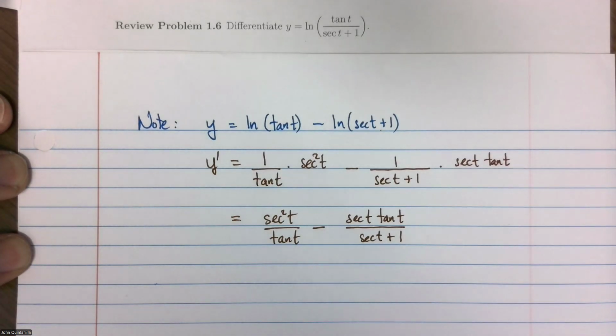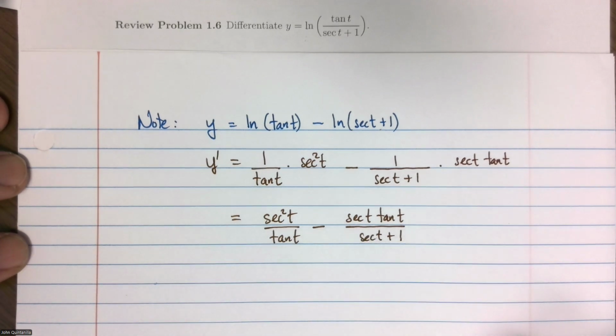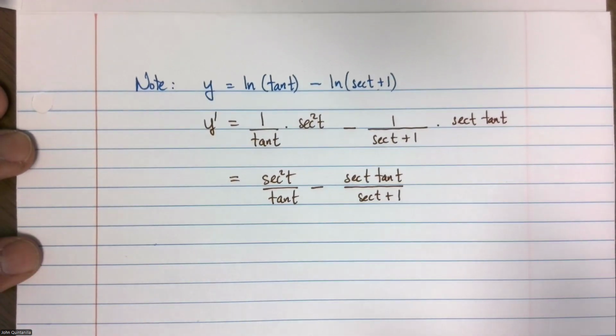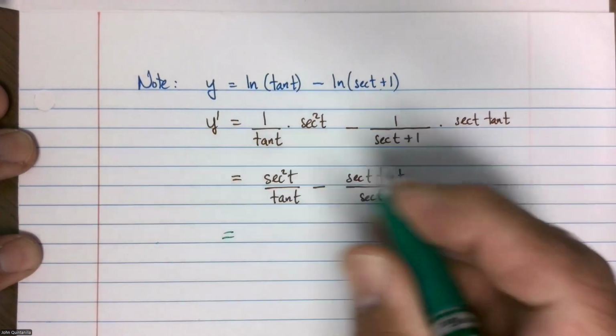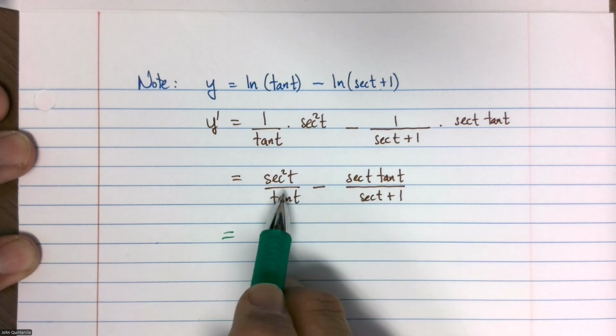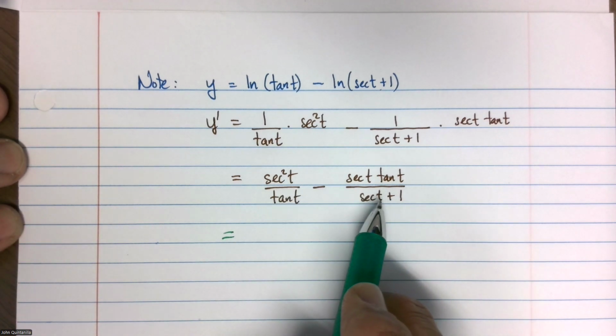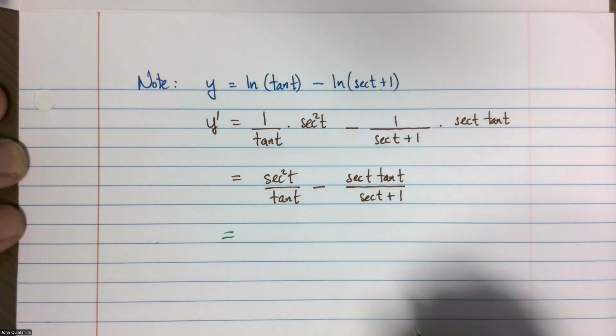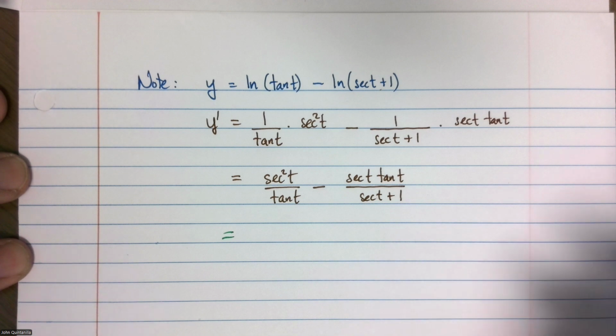However, for the purposes of this video, I wanted to tell you that this actually simplifies considerably if we use some trig identities that you should be familiar with. So let's get a common denominator. So like I said, I'm going to stop here in brown. That's good enough for exam purposes unless I say otherwise. But let me continue simplifying this using some trig identities that you should be familiar with.